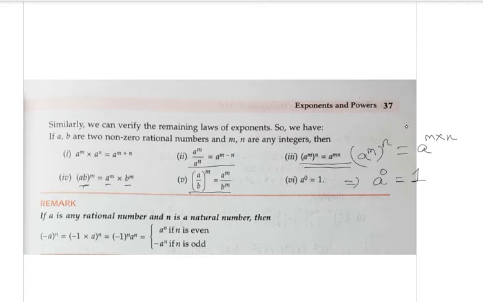There are some shortcuts we can discuss from here. For example, minus 1 raised to the power of an even number, suppose 100, has to be simply 1, or I can say plus 1. If the power is an even number, the answer is always positive, because minus multiplied by itself an even number of times gives a positive answer.